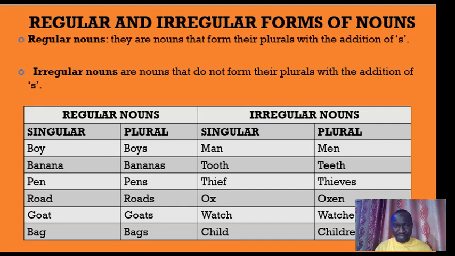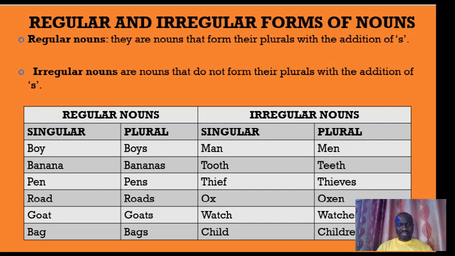That is the regular nouns. But irregular nouns form their plural without adding s, and the word changes entirely.